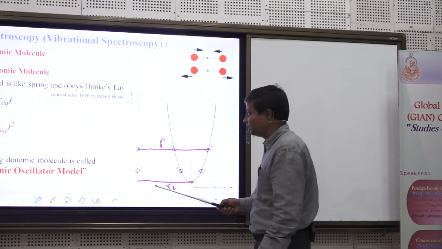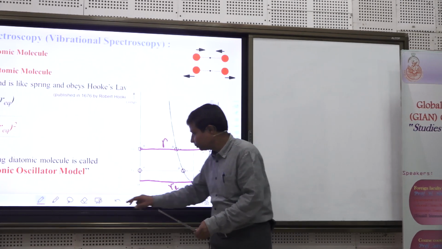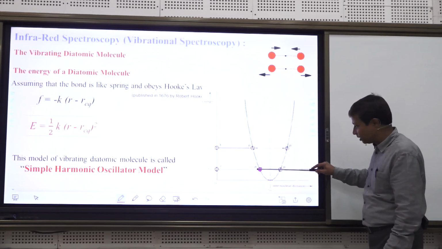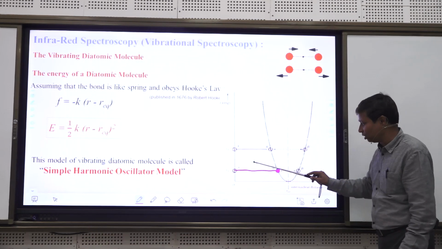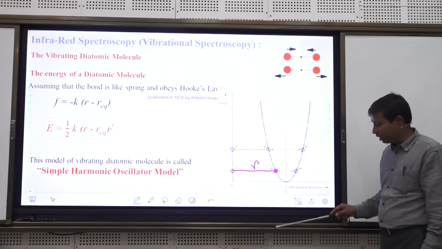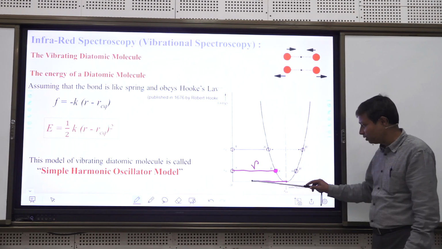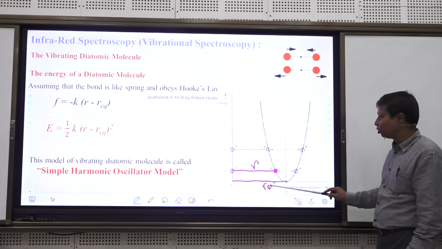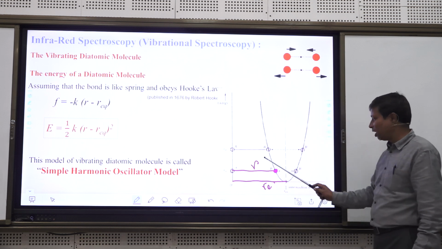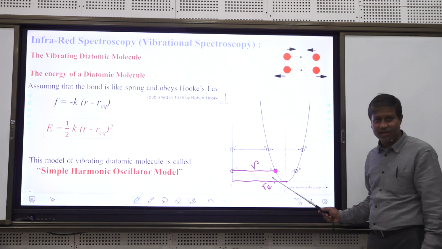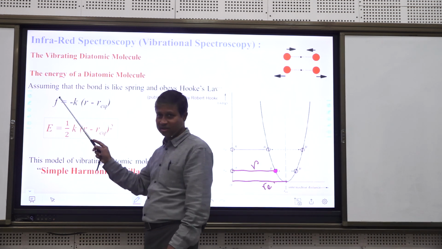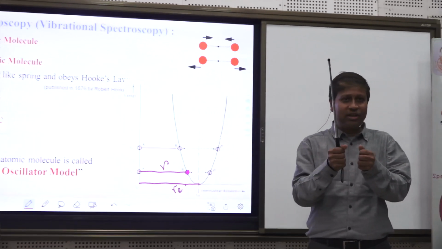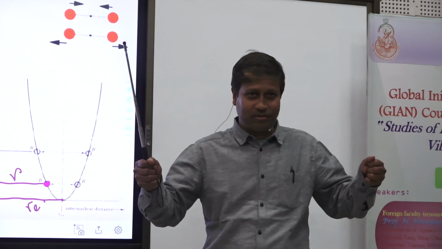In the opposite case, this is the R in the compressed condition, and the equilibrium distance is from here to here. So R minus R equilibrium is negative, and with the minus sign it becomes positive. That means instead of attraction, it will be repulsive.